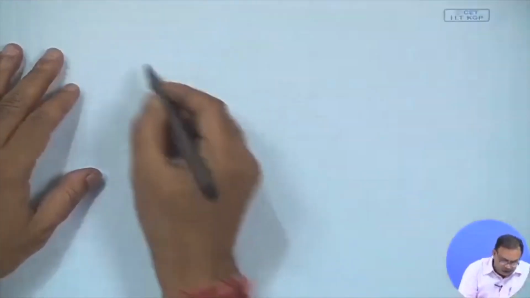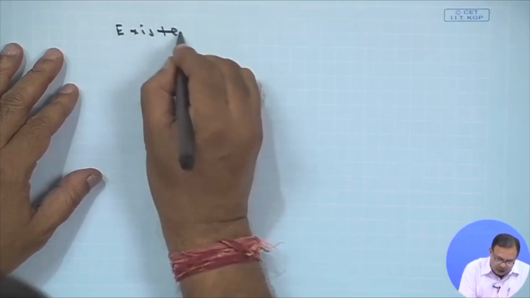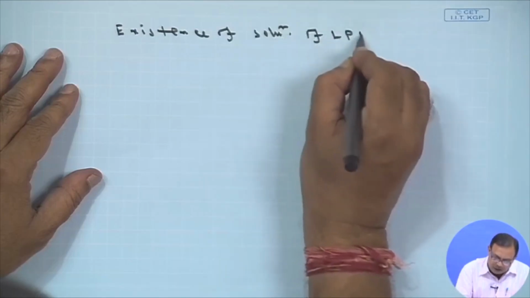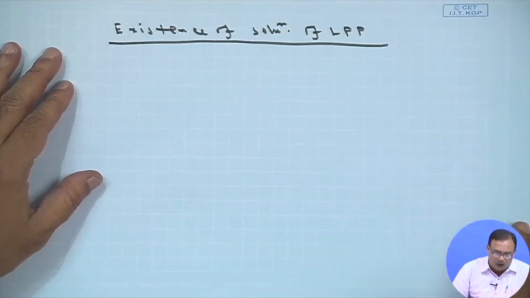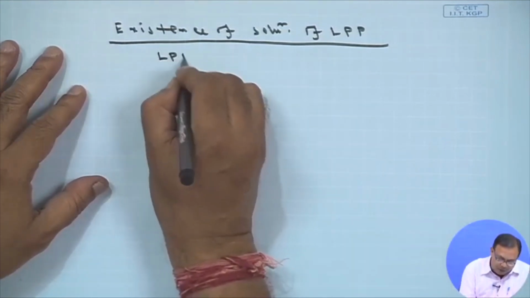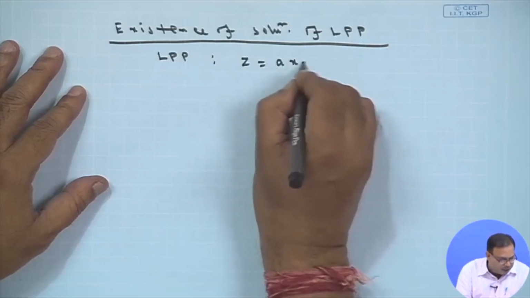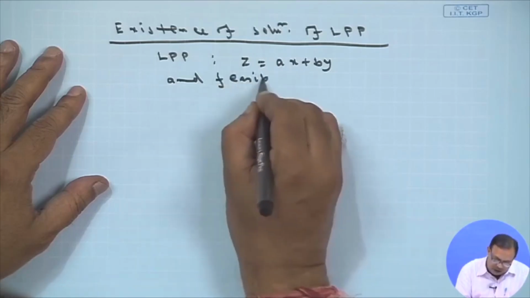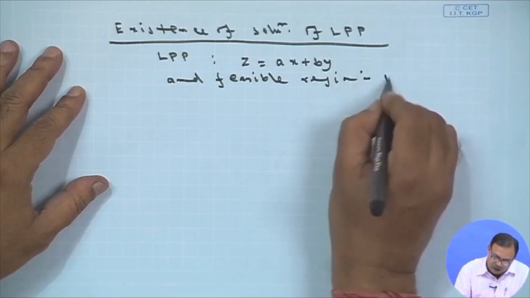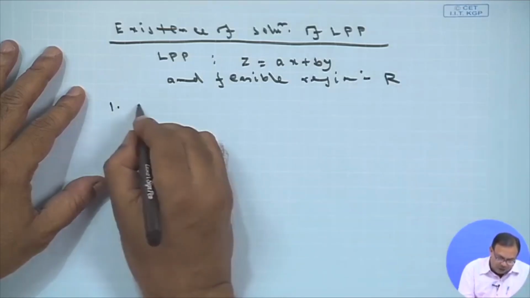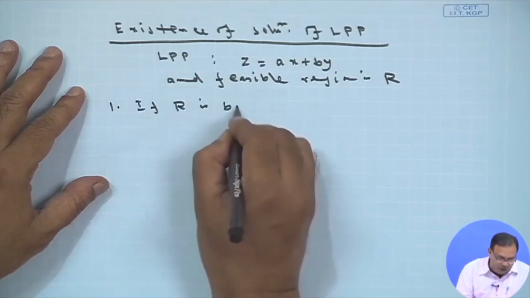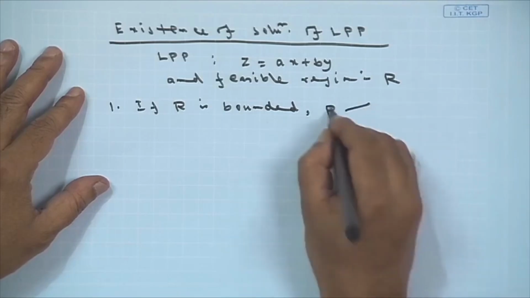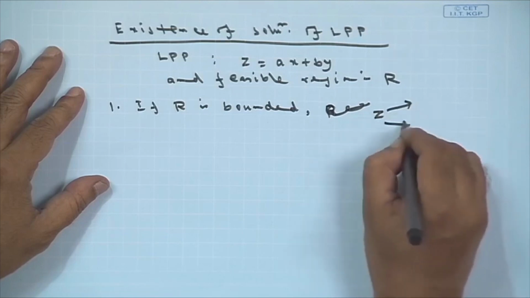Therefore, we can say, regarding the existence of a solution of an LPP, in general, if you have an LPP of the form Z equals AX plus BY and your feasible region is, suppose, R. Number 1: if R is bounded, then Z has both maximum and minimum value.